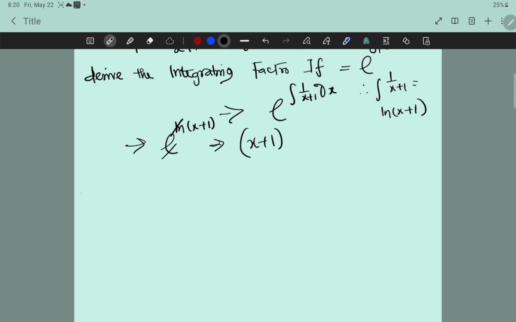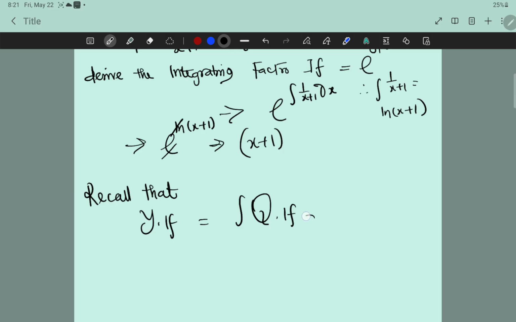So we are saying that, recall that y multiplied by integrating factor is equal to the integral of q multiplied by the integrating factor dx. So y multiplied by, okay, so what is integrating factor? y multiplied by x plus 1 is equal to integral of, what is q? Q is x plus 1, right?